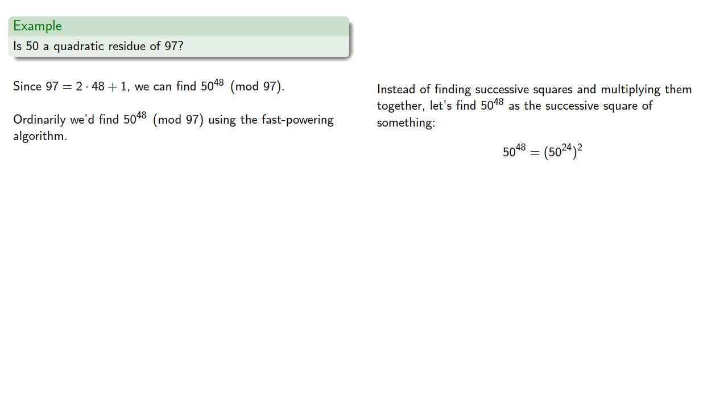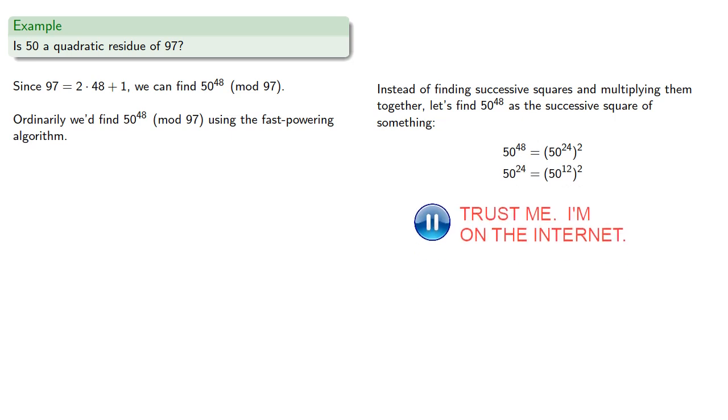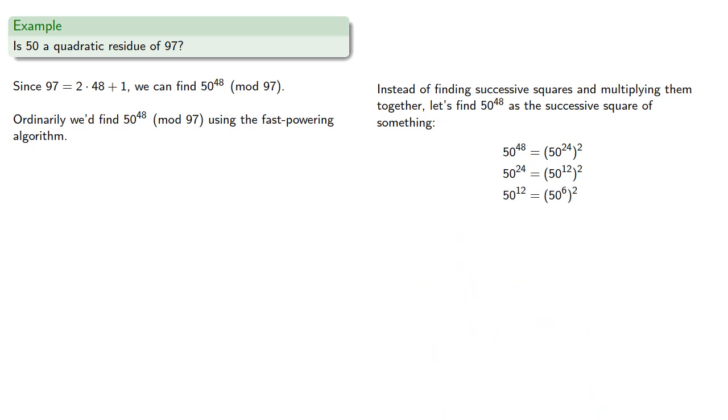Well, 50 to the 48th is 50 to the 24th squared. But 50 to the 24th is 50 to the 12th squared. 50 to the 12th is 50 to the 6th squared, and 50 to the 6th is 50 to the 3rd squared. And that means we want to start with 50 to the 3rd, square, square, square, and square.